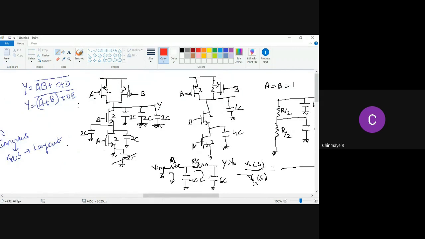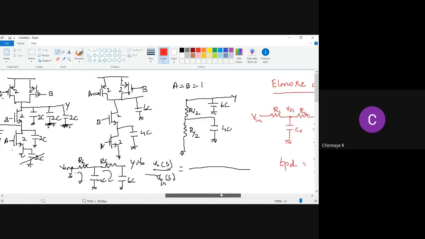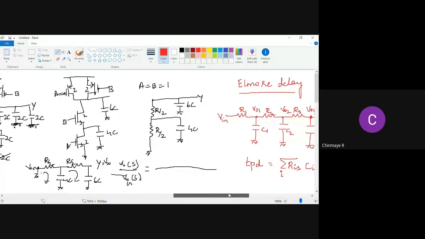So if we have to calculate RC delay using this, then we'll end up with some complex expression, and taking the inverse Laplace transform in order to get the transient response and all is very cumbersome, and therefore we do not want to go with this type of delay for complex circuits. It holds good only for inverters but not the other circuits, right?